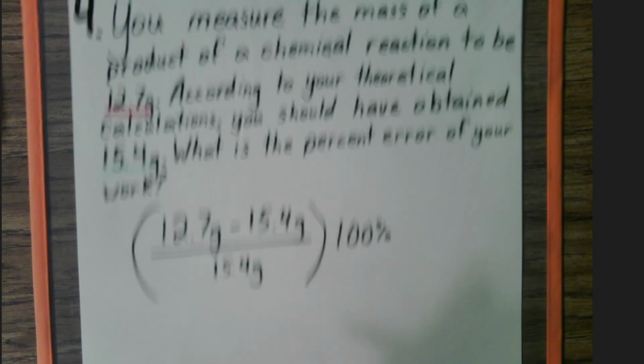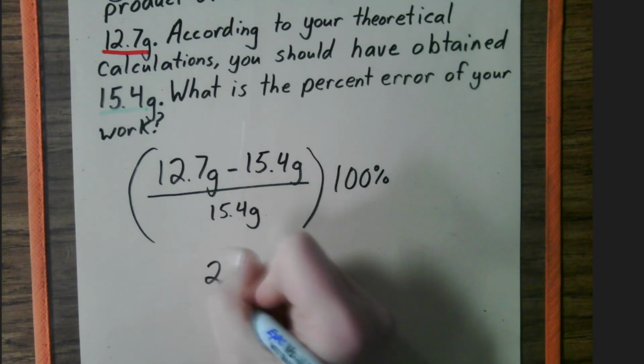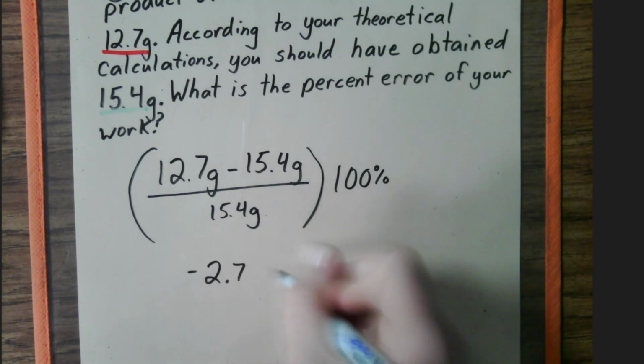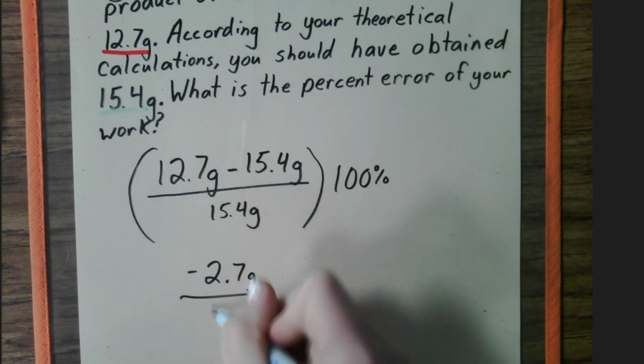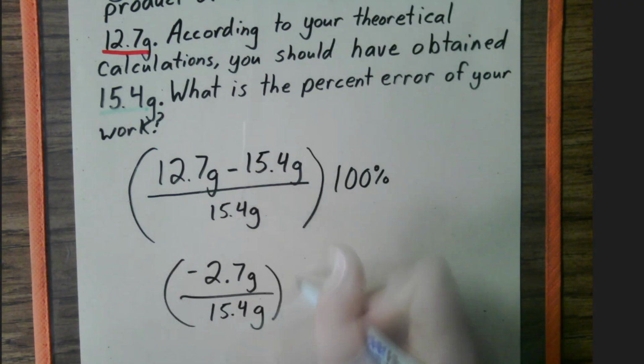Let's work this out. So 12.7 minus 15.4 is going to give us negative 2.7 grams over 15.4 grams. Then you're going to multiply all that by 100%.